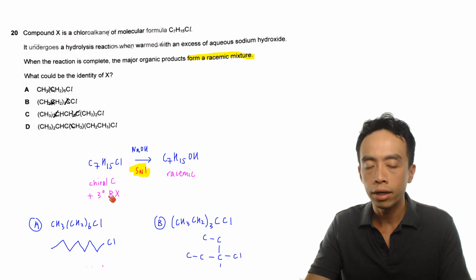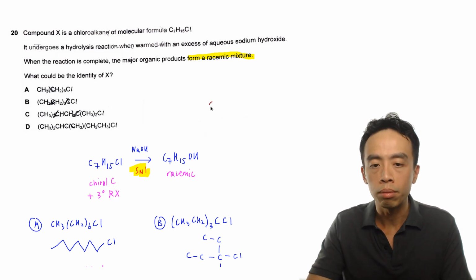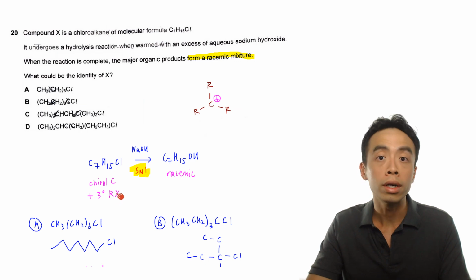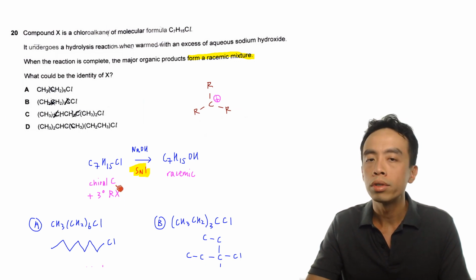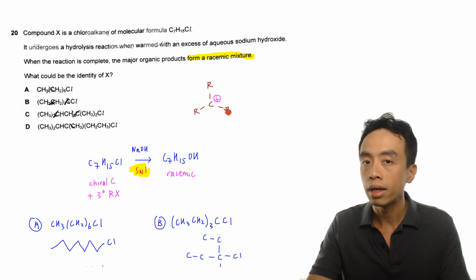So a tertiary halide, when it forms a carbocation, the carbocation will look something like this. I just draw these 3 R groups, and this carbon is the carbocation, so therefore it will have a positive charge. So a tertiary halide, when it undergoes SN1 mechanism, will lose the X minus or the halide, and it forms this carbocation.